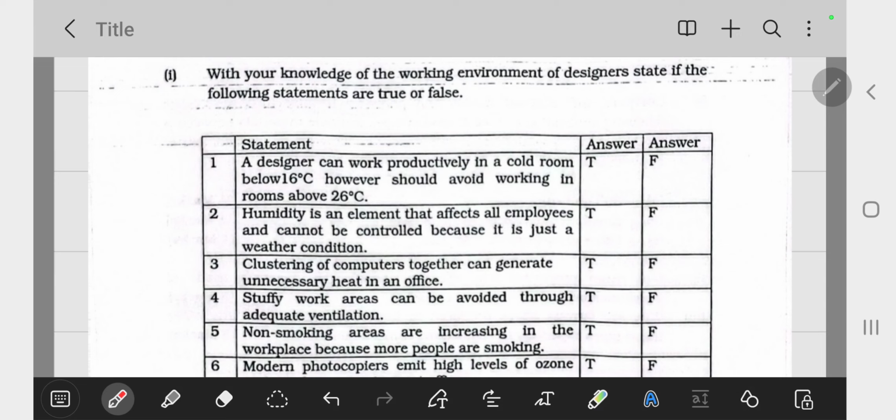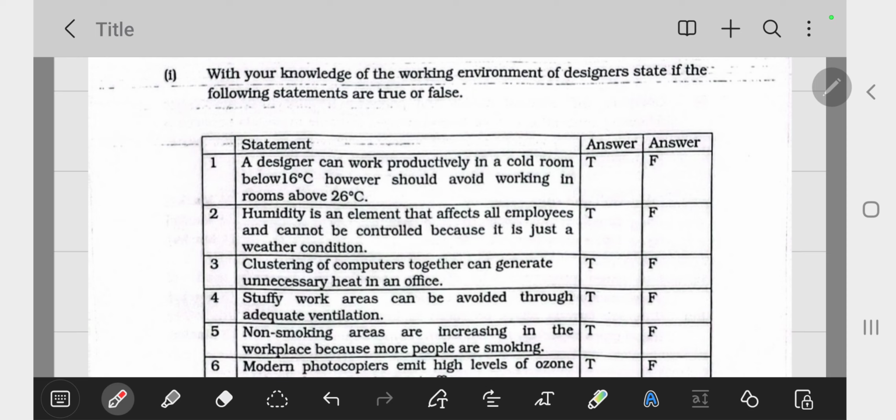Quite right, the standard room temperature is somewhere around 25 or 26 degrees Celsius. But the only challenge is, if the temperature is below 16 degrees, that's normally considered a hazard and it's not a safe working condition.